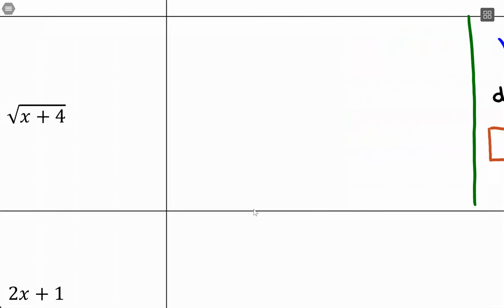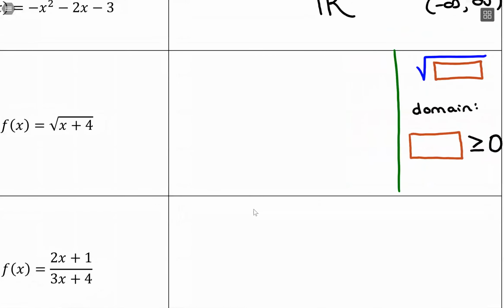So let's see how that applies to this example here. I'm going to focus on what's underneath the square root, that x plus 4. In order to find what's okay for x, I need to make sure that x plus 4 is more than or equal to 0. As a whole, that has to be 0 or higher for that square root to work.